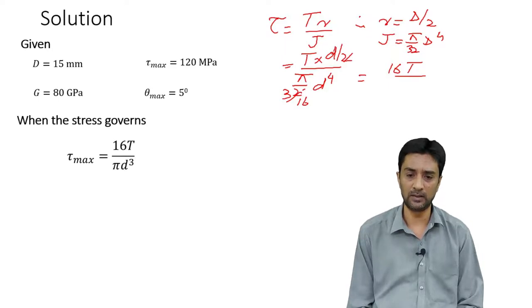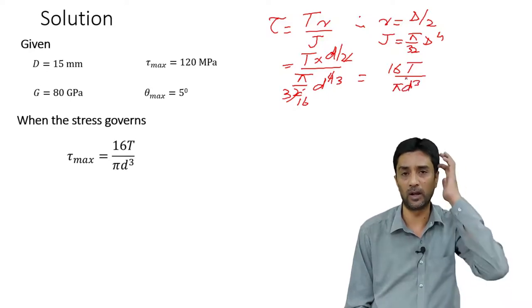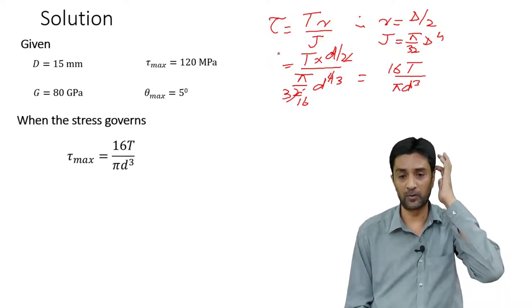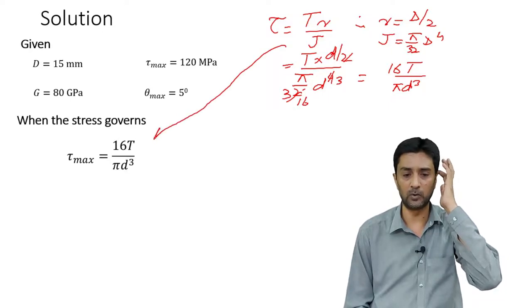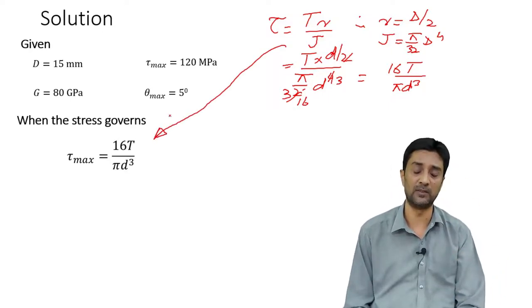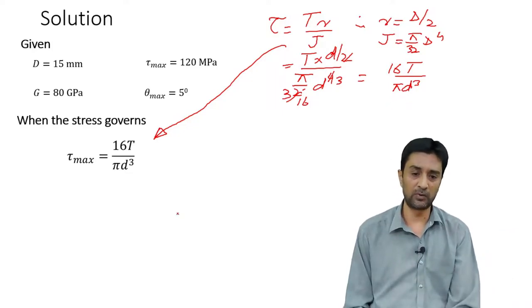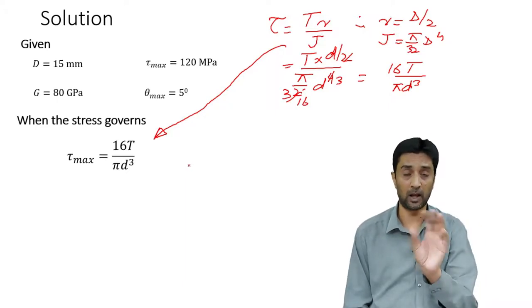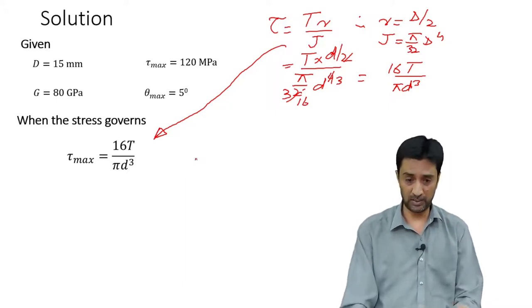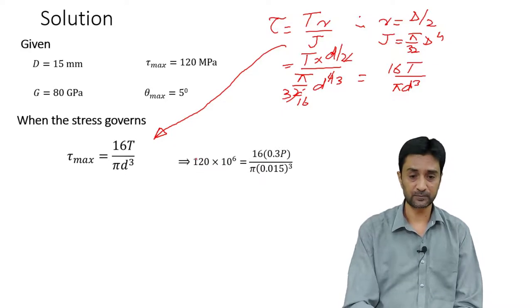This d will cancel out with one of these and you will be left with d cubed, so you will be left with pi d cubed. That is how you can find this particular formula, by putting in the values of the polar moment of inertia and the radius. In the same way you can find the maximum shearing stress for the hollow shaft as well. Then you will have to specify the inner and the outside diameter as well. Anyhow, that was a simple calculation.